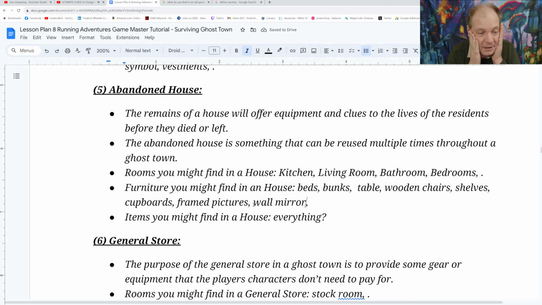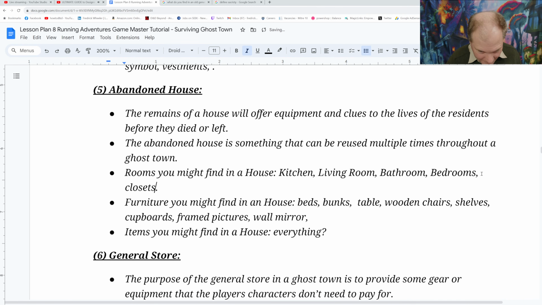Skeletons in the closet. Yeah, closet. You probably have a closet. Oh, you reckon we have a closet? Closets. Closet. Yeah, there's room. Maybe a desk, chest, clothes chest, drawers.